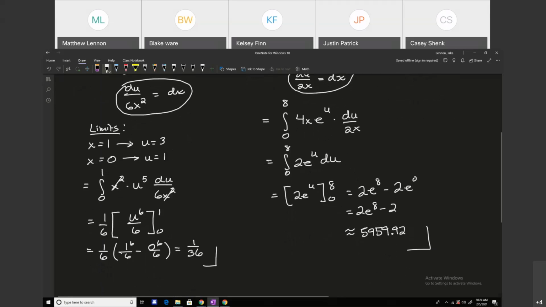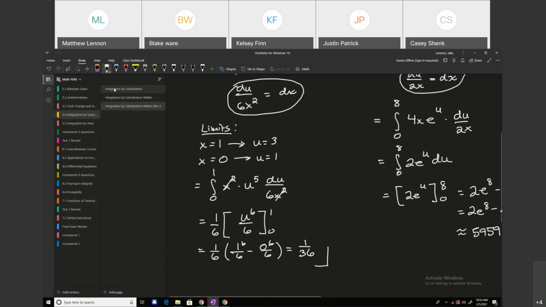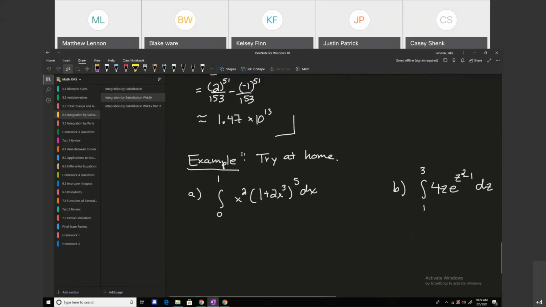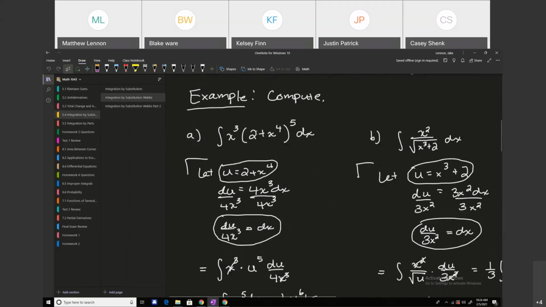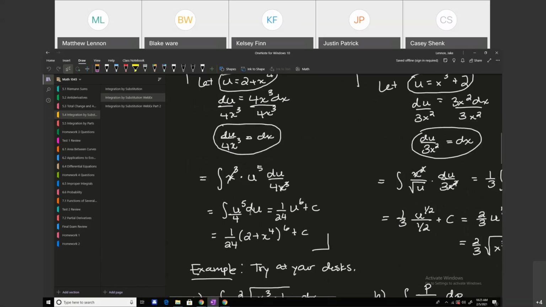If we look at one of the examples from last class, we started off with problems like this example where there's no limits, right? So that's an indefinite integral, and we're just looking for the general antiderivative. So we did the u substitution, got our answer as 1 over 24 u to the 6 plus c, and then switched back to the original variable.